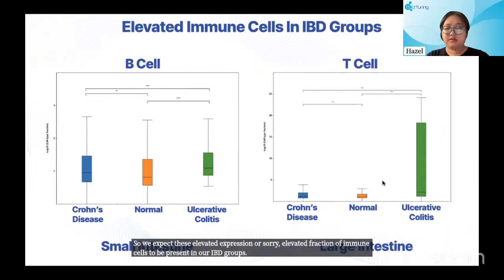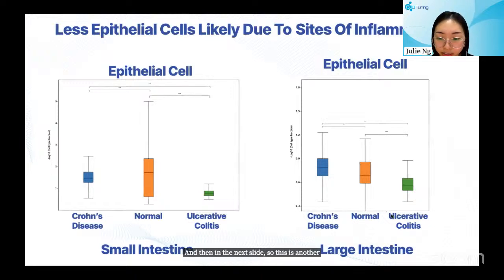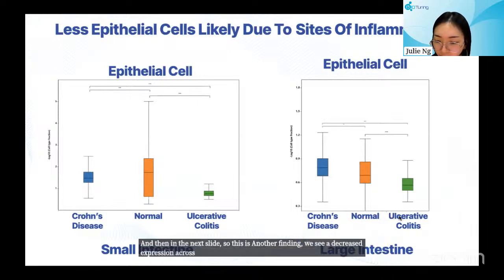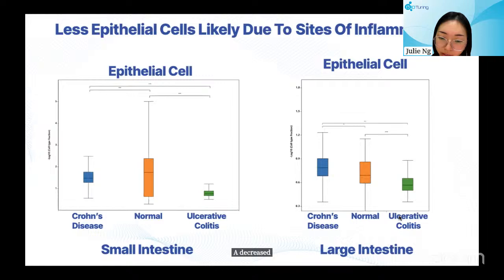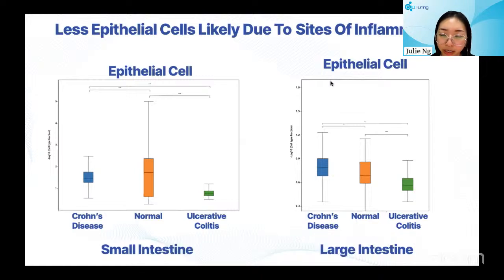Okay, and then in the next slide, this is another finding. We see a decreased fraction of epithelial cells compared to normal, across both the small and large intestine, and across Crohn's disease and ulcerative colitis. This might be because of where these samples were taken.